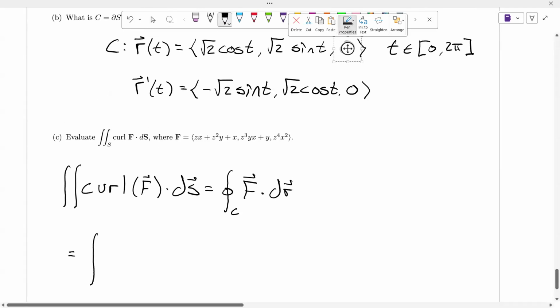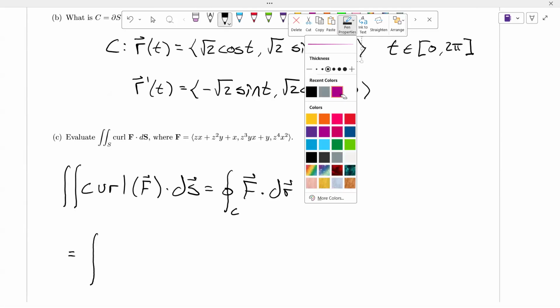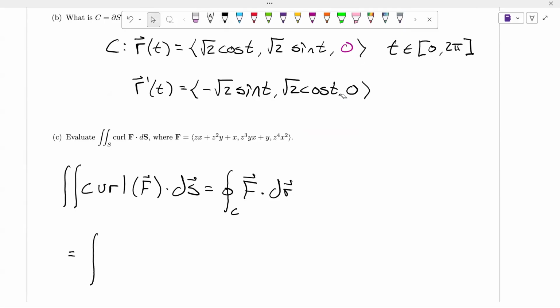maybe come back up here and focus on that 0 that I have for z, right? Because the z component of our curve is 0, which means that every term with a z in it is 0, conveniently. So this thing looks like 0 plus 0 plus x for the first component, 0 plus y for the second component, and 0 for the third component.